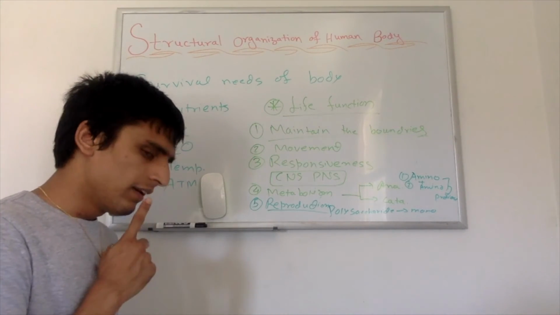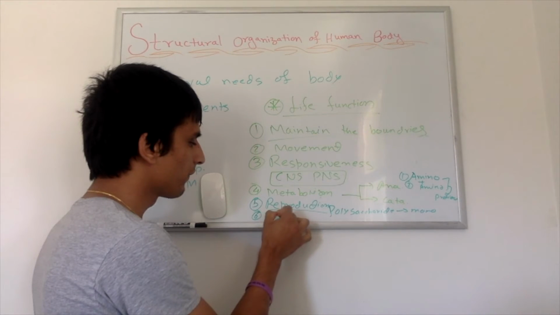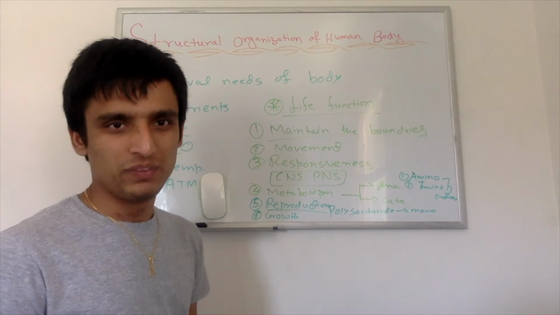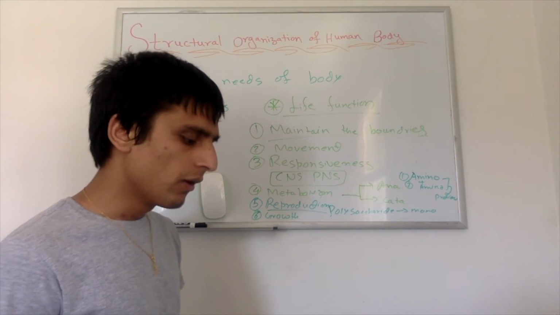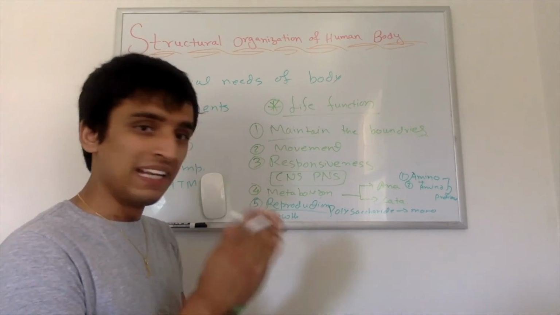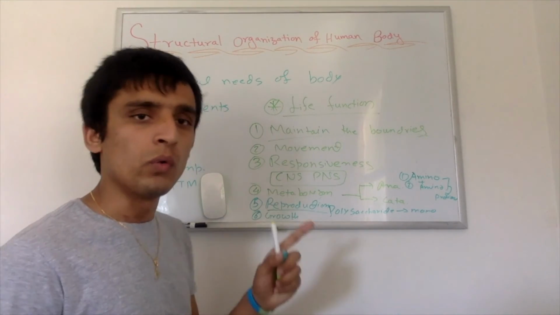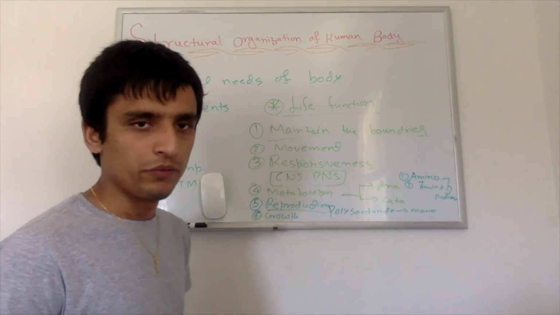The last one I want to tell you about is growth. You need to have growth. It is a life function. For example, your body tries to maintain everything at a certain level so you can function normally. If you do not grow, you may have problems with your health.